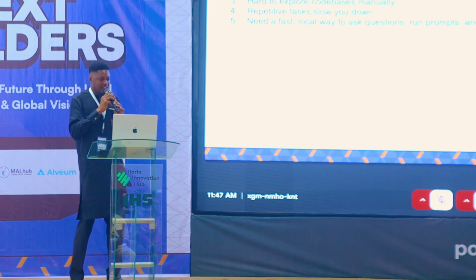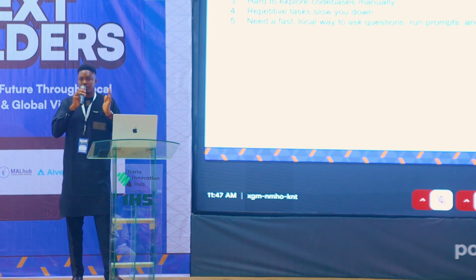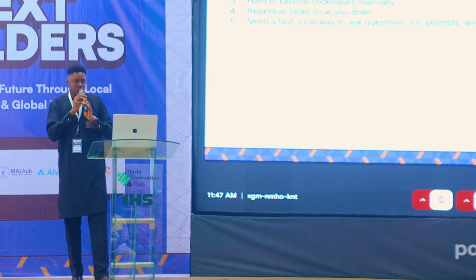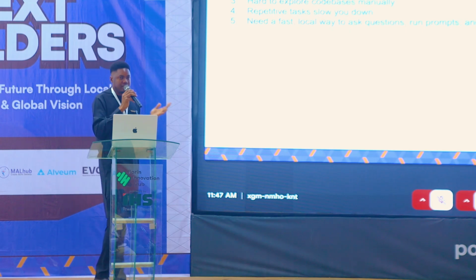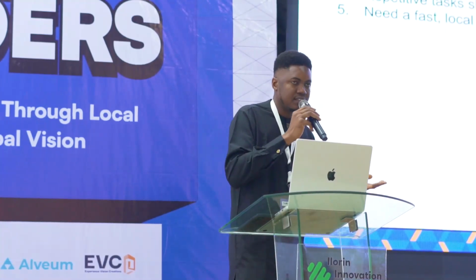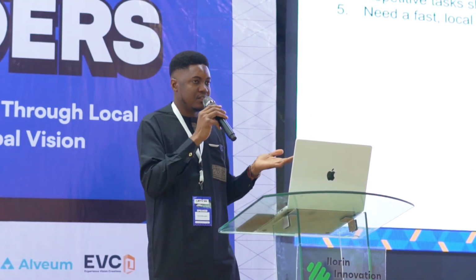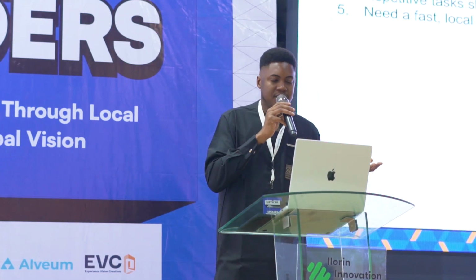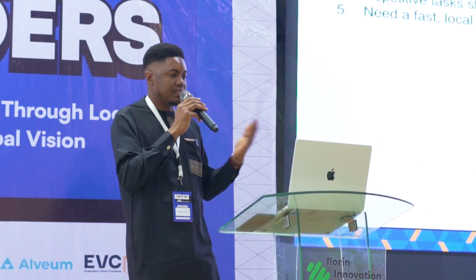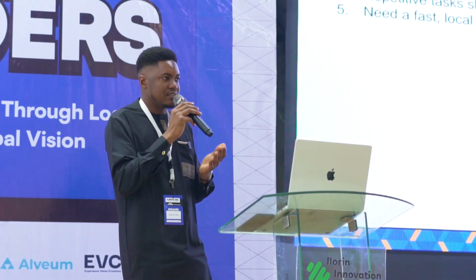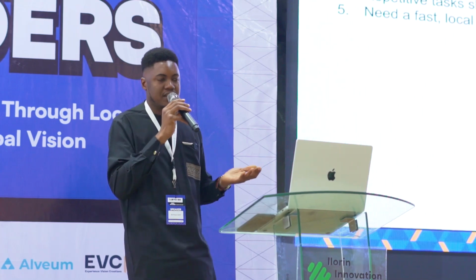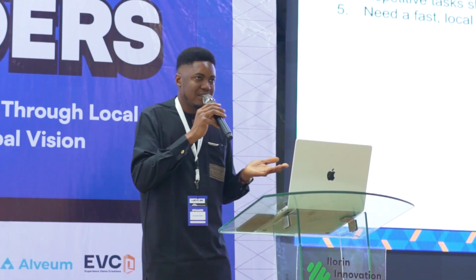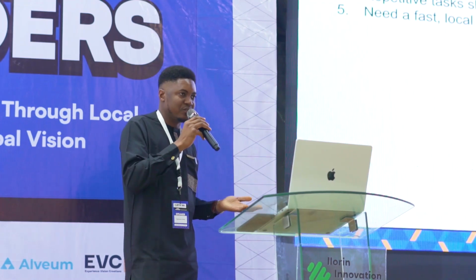What those web interfaces cannot do is that they don't have the context of your code. So if you go to chatgpt.com or Gemini and you type a message, it doesn't have any information about your code. So it can help you, but it cannot write the code for you.